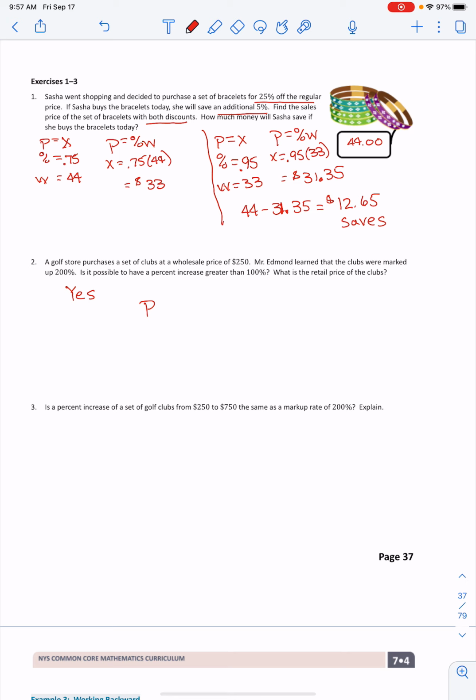So we have P, percent, and W. The clubs are $250, our percent is 300%, so it's 3, and our part is X. So X equals 3 times 250. So the clubs are going to retail for $750. That is the retail price.